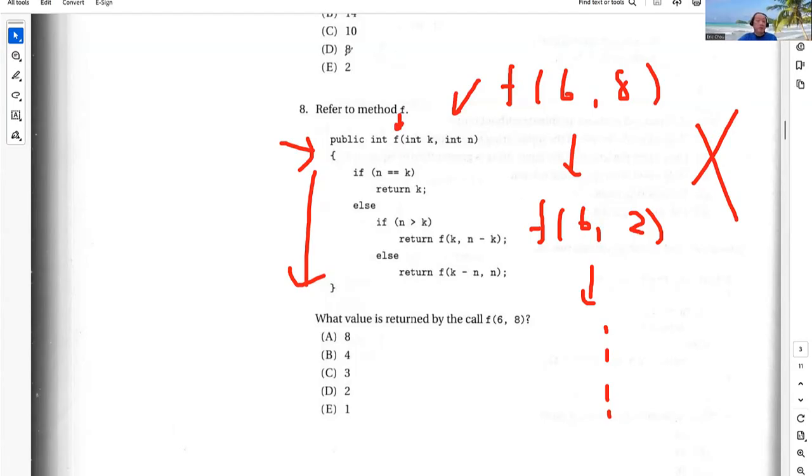Previous one we saw is an arithmetic sequence, but this one, what would be the result of the function? It returns when they are equal. It's returning the greatest common factor of both numbers, right?